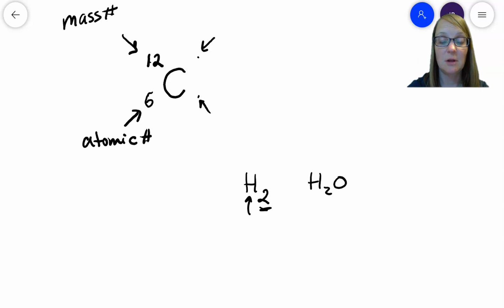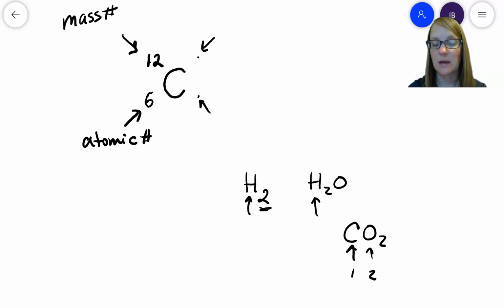If you don't have a number in the lower right-hand corner, that implies you just have one of those atoms. So one oxygen, and then you've got two hydrogens. Or CO2, carbon dioxide. In this case, you've got one carbon, and you've got two oxygen atoms, right? So lower right-hand corner indicates how many atoms of that particular element you have in your molecule.